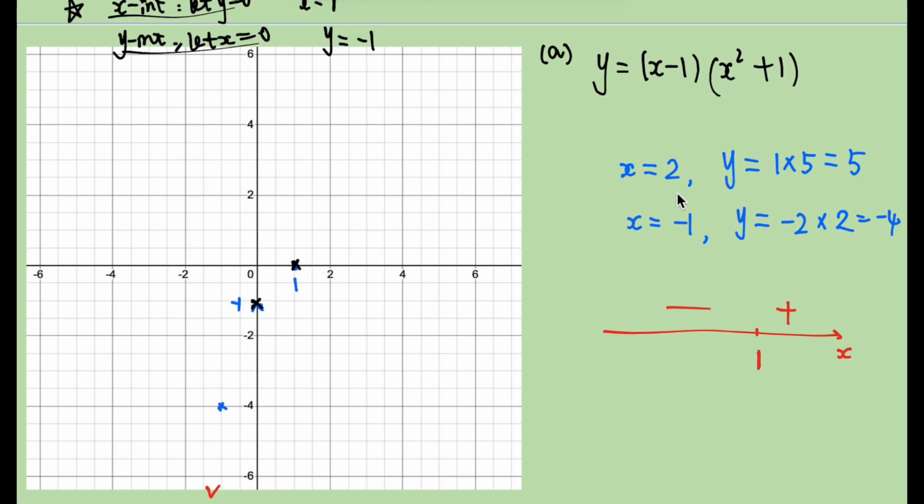For example, I use the point with x being 2 and y is 5. And then another point, if x is -1, y is -4. I'm going to connect all those points using a smooth curve. Now the graph is like this, and we can see it shows consistent information with the sign diagram.